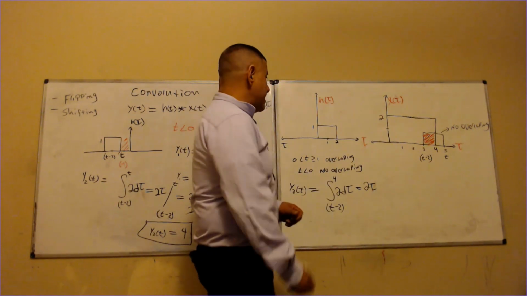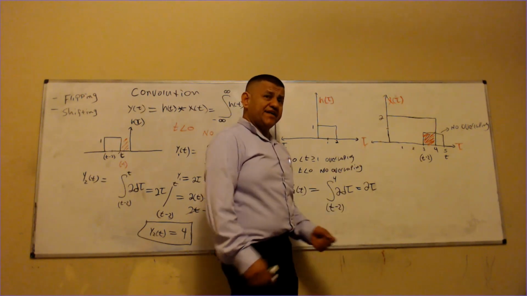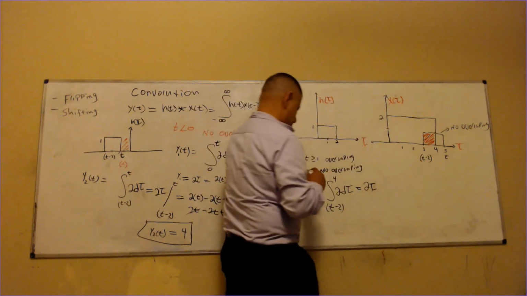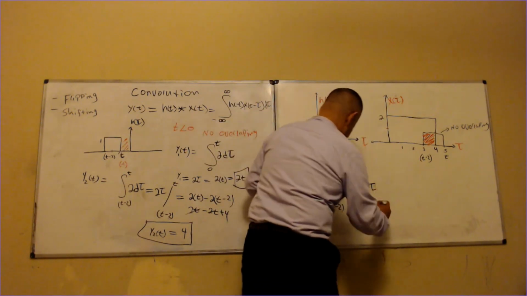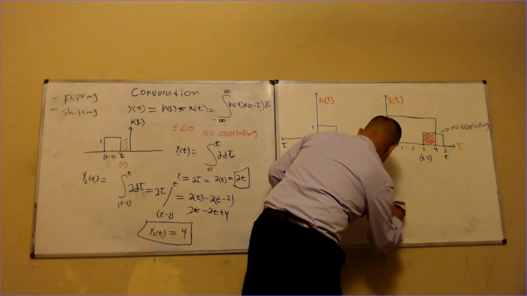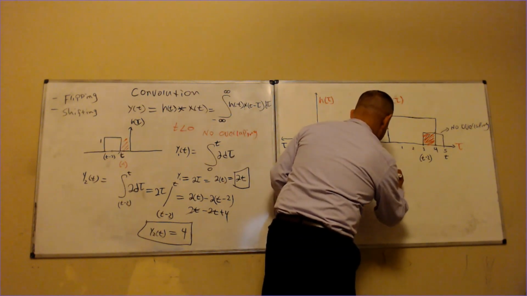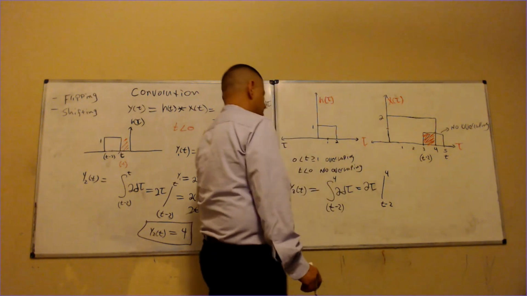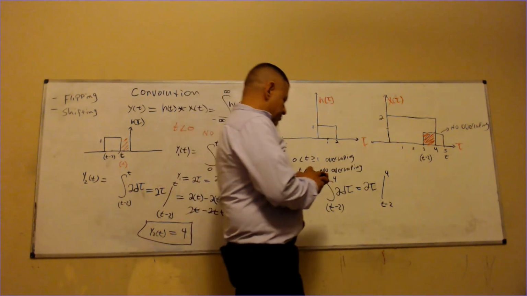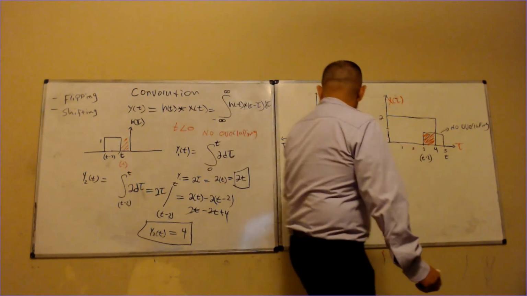Okay, so now I need to evaluate this integral, and I am evaluating it between t minus 2 and 4. When I do that, I also want to point out that I am still using the same theory.